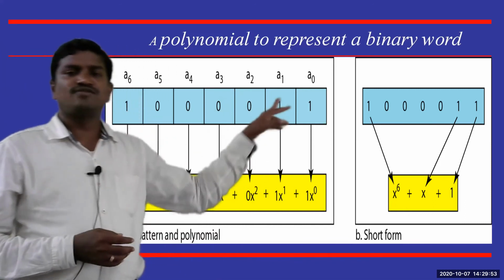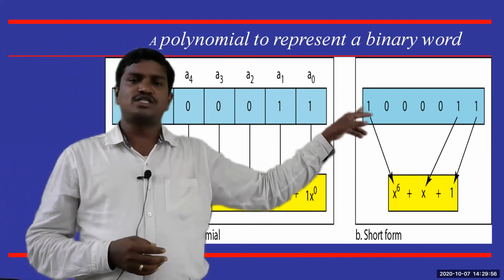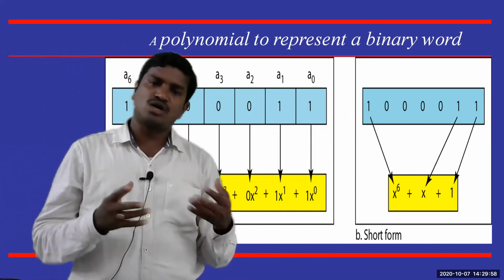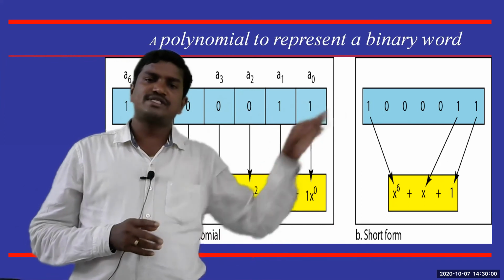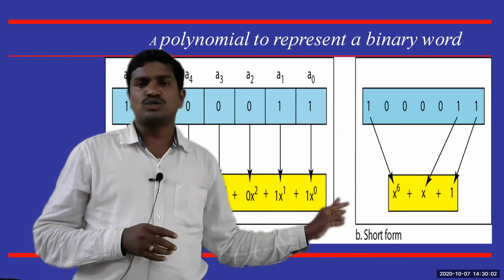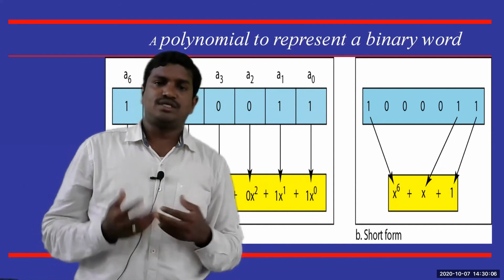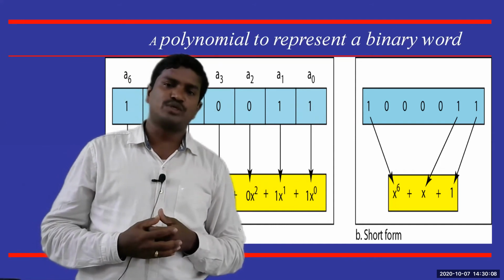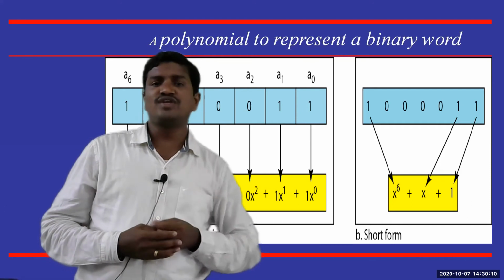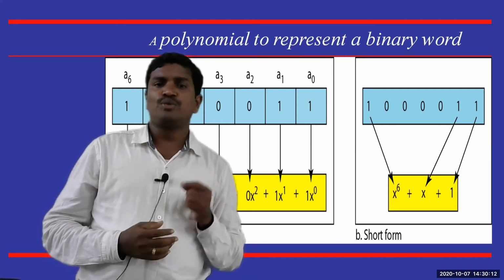So instead of using 7 bits to represent this divisor or code word, it can be represented in a shorter form when you make use of the polynomial representation, which makes use of equations where the powers indicate the position where 1 appears.